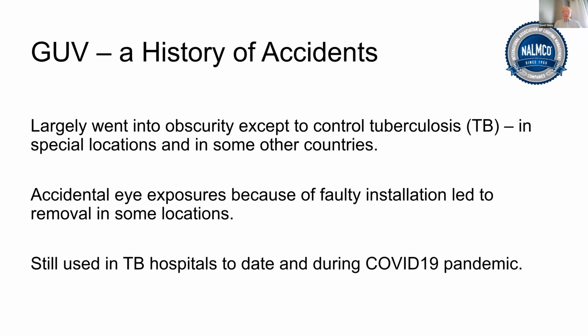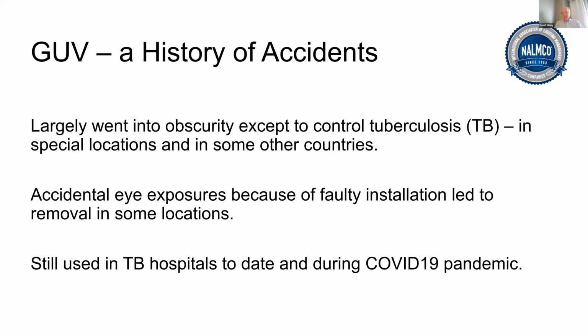Germicidal UV has a long history, went largely into obscurity except to control tuberculosis. It's still in widespread use in some special locations in a number of countries around the world. Now, accidental eye exposures because of faulty installations have led to removal in some locations, where, for example, the installers didn't understand the objective, the design, and directed the UV into the lower occupied areas of the room, and people were injured.